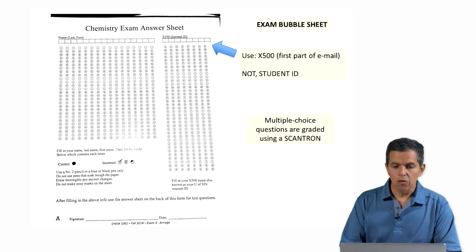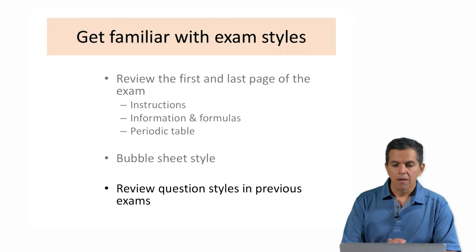In addition to the exam bubble sheet, it's important to have a look at previous exams. These exams will give you an idea of the flavor of questions that you may find in the exam that you will be taking this year.